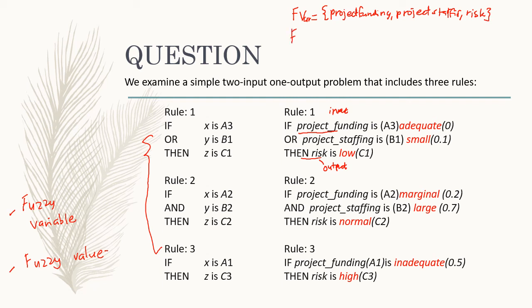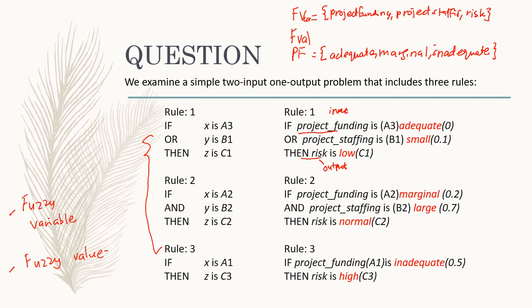Then we have the fuzzy values. So what are the values for each variable? For project funding, the values would be adequate, marginal, and also inadequate, right? These values fall under the set of project funding.